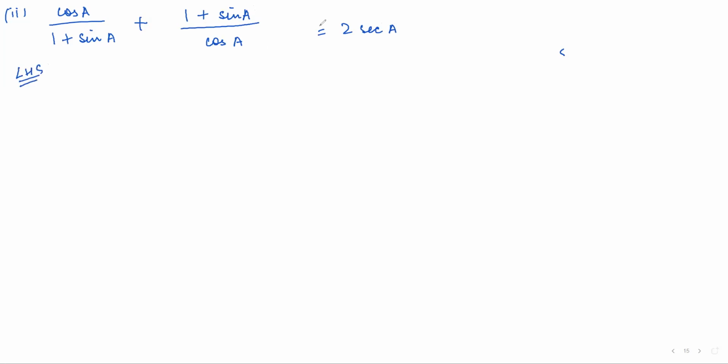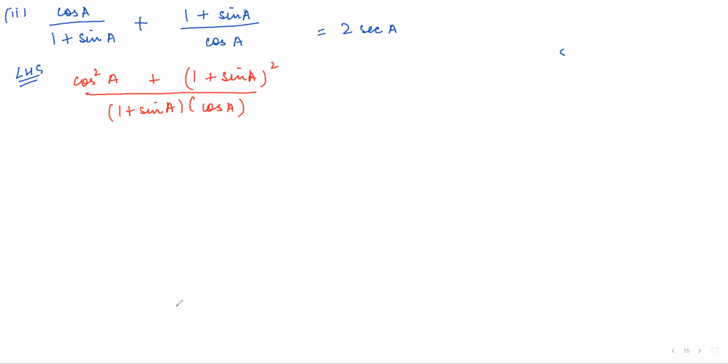It's already in terms of sine and cos. That means you have to do simple algebra now, nothing else. Okay, take LCM, first step. LCM will be 1 plus sine A into cos A, right? So that becomes your cos square A plus 1 plus sine A whole square.